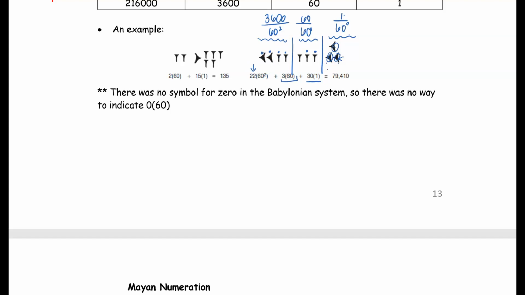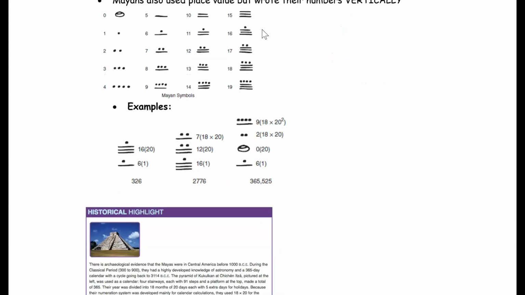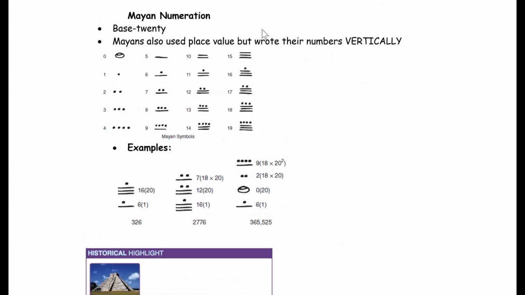And then if you add all that up, you get 79,410. If you're thinking, gosh, this sounds so confusing, it is a little bit. It's definitely more confusing than the system that we use now, but it's interesting to see how different parts of the world use different number systems.